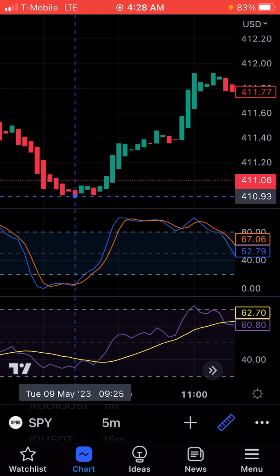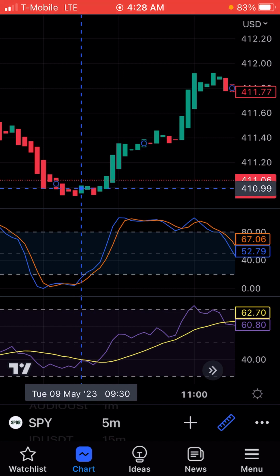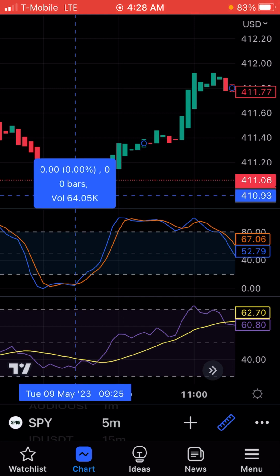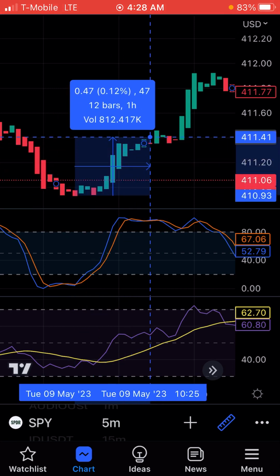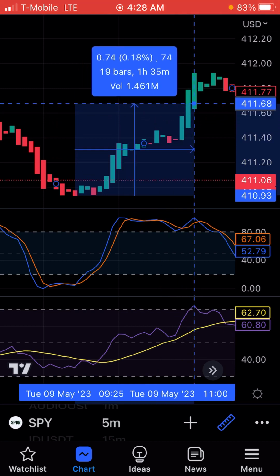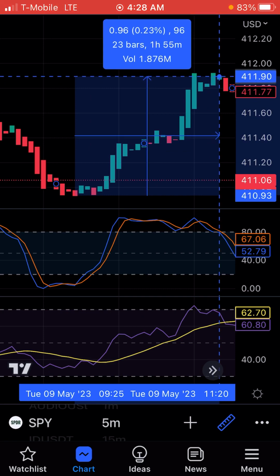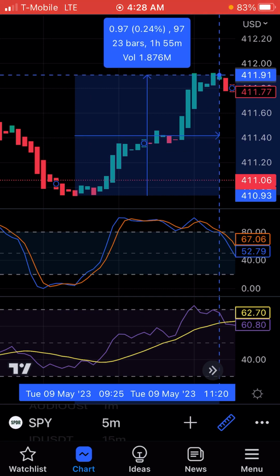At this point, we would do a 410 call on SPY. Then we would look at the RSI and wait for it to touch the yellow line, and that is our exit point. The Stochastic gives us our entry point, and the RSI gives us our exit point.